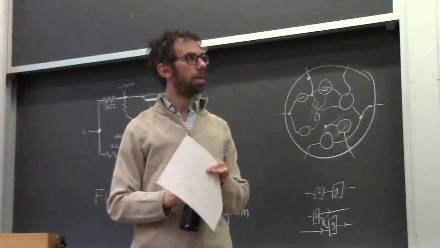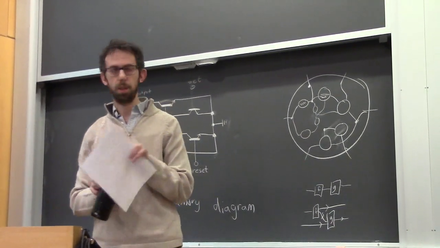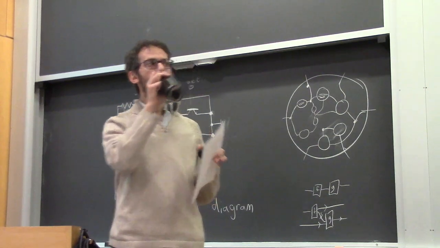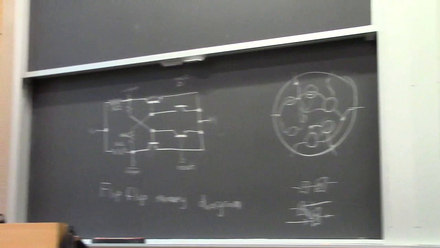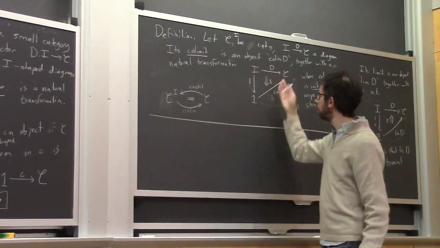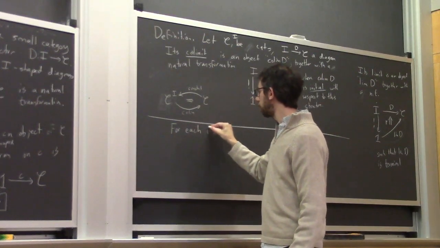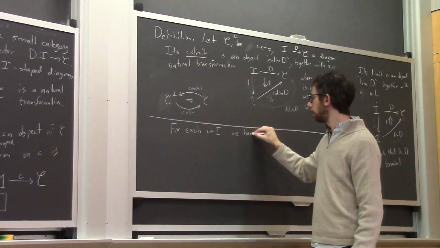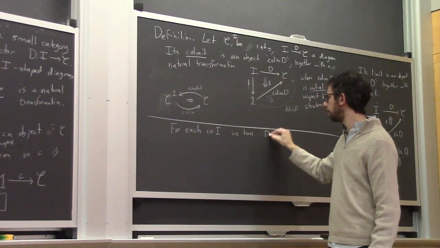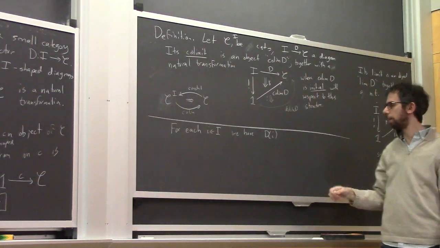So maybe I should say what P and Q are doing and then give a bunch of examples. Okay, so what is all this stuff? What is Q, for example? It's saying for each object I in I, we have from the diagram D of I, like the naturals or the integers.